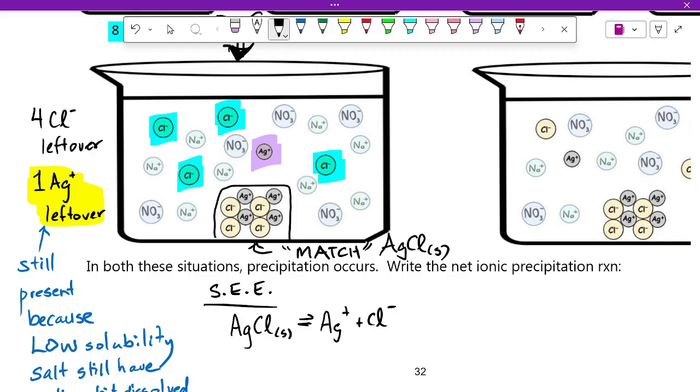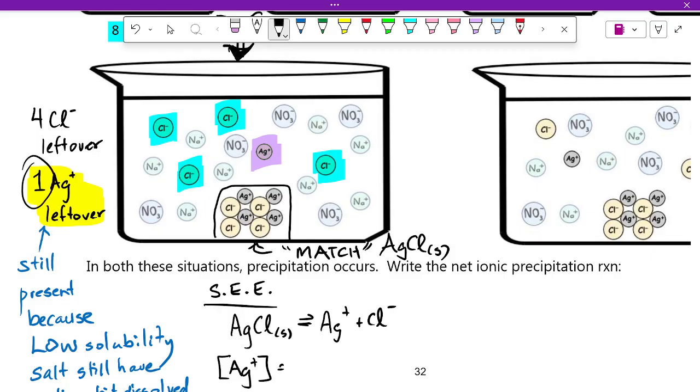And my concentration here, the concentration of silver is 1.